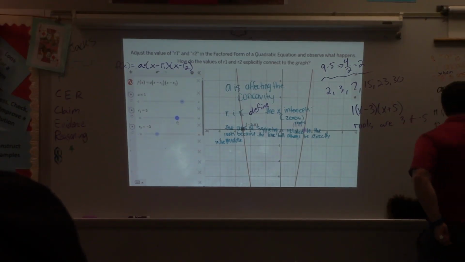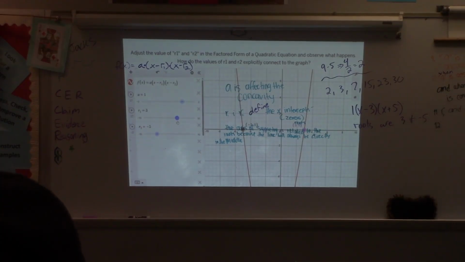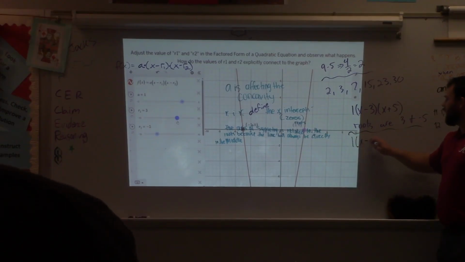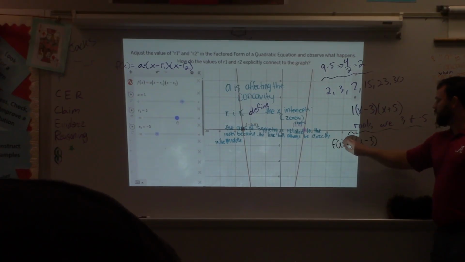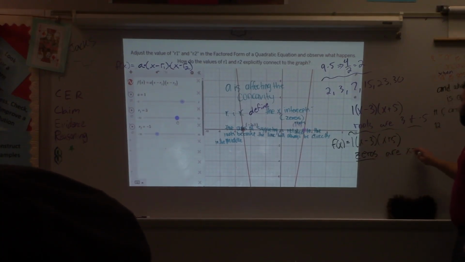If I now write this as f of x equals 1 times x minus 3 times x plus 5, the zeros are x equals 3 and x equals -5.